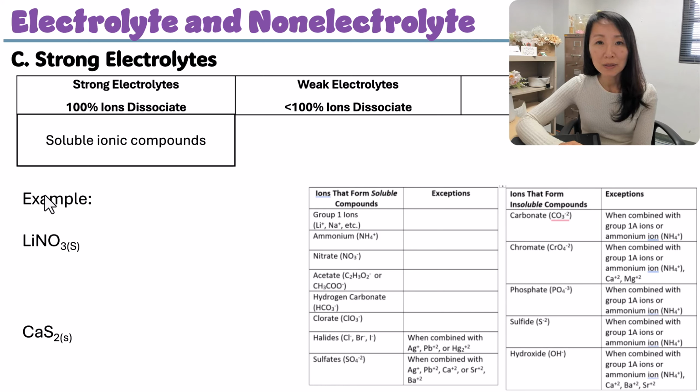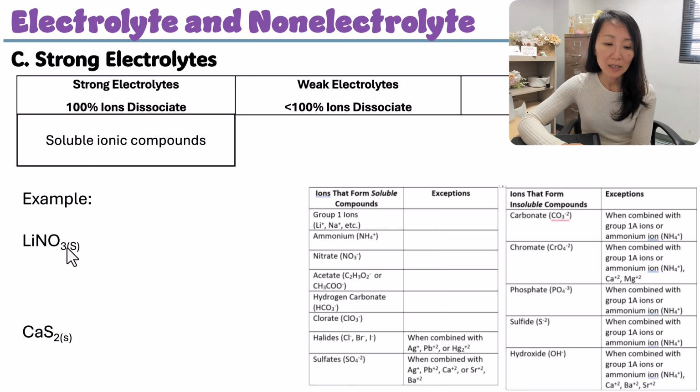Now, in the solubility chart, can you find something that has lithium or a nitrate? If you look on the right-hand side, you see the nitrate over here. And under nitrate, you see that it is soluble. So anything that has nitrate in it is going to be soluble.